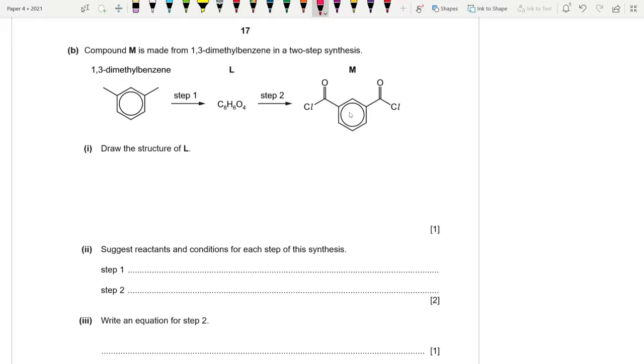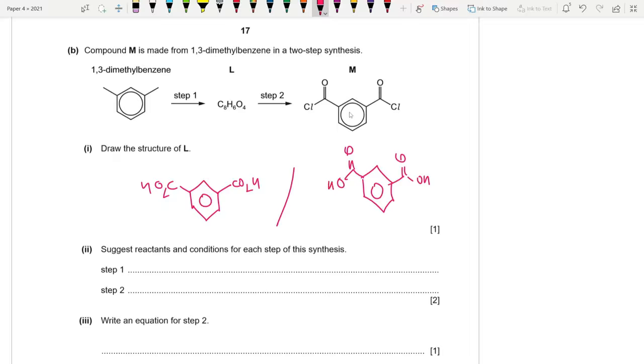For benzene compounds, regardless of the length of the side chain, you can oxidize it using potassium permanganate. Regardless of the length, you're always going to get benzoic acid. So the structure of L should be like this, or you could opt for this. Get it?